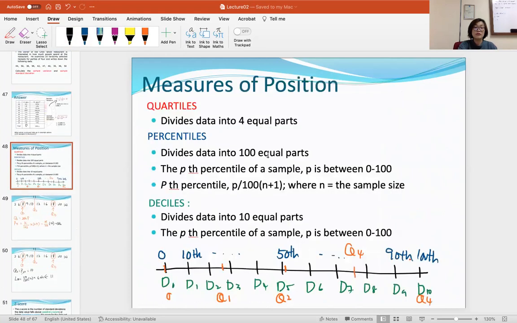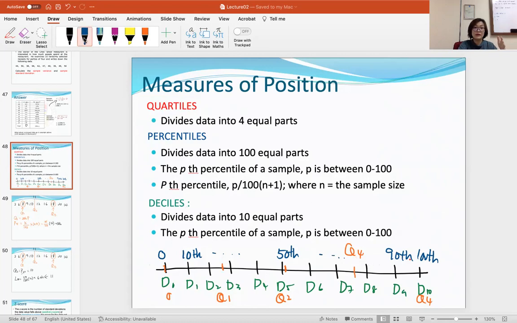So for the measure of position, there are 3 things you can learn: quartile, percentile, and decile. For quartile, we have a bunch of data, we sort it in order from lowest to largest, and then we divide it into 4 equal parts.